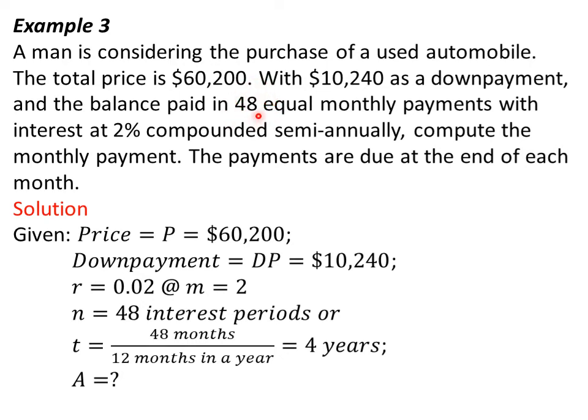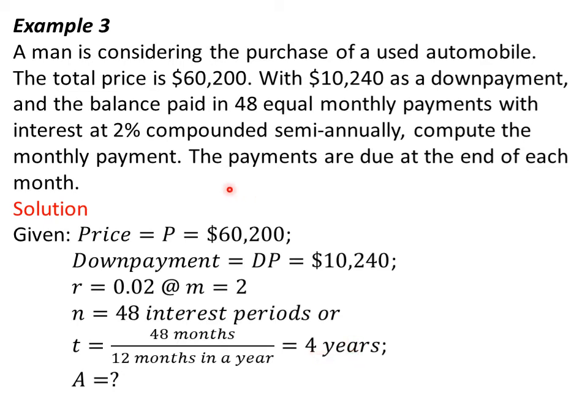This is the total interest period, 48 months, so that is your N already. Or if you're going to use M times T, you can determine how many years 48 monthly payments is. 48 months divided by 12 months in a year, so T is equal to 4 years.